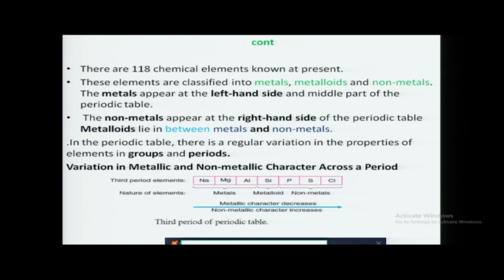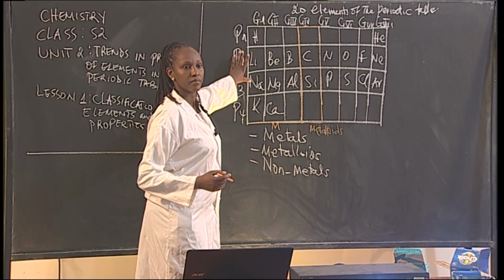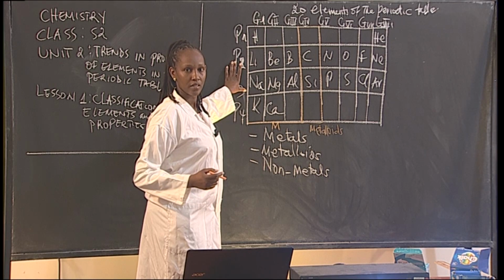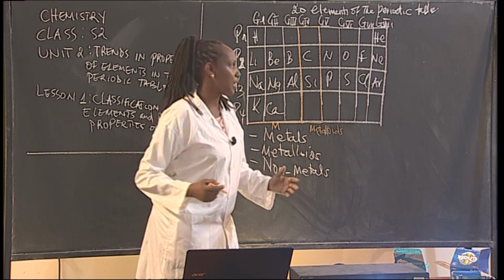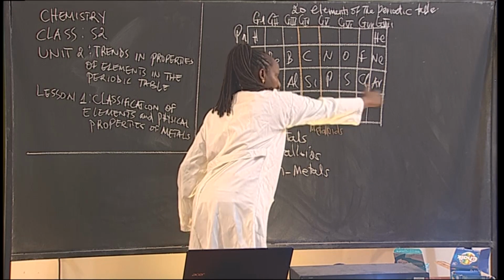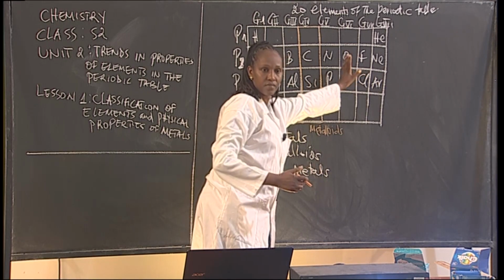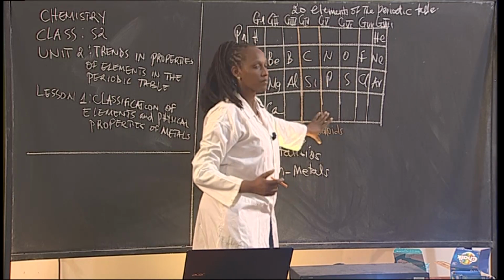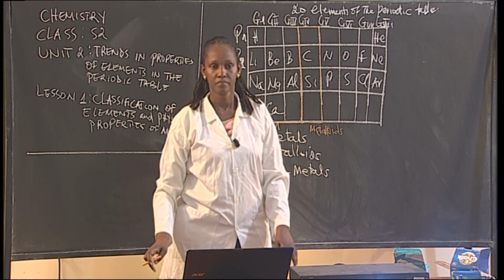The metals appear at the left-hand side. That's why they're here. This is the left-hand side. Right? So the nonmetals appear on the right-hand side. This is the right-hand side. Then the metalloids appear in the middle here of the periodic table. All right?